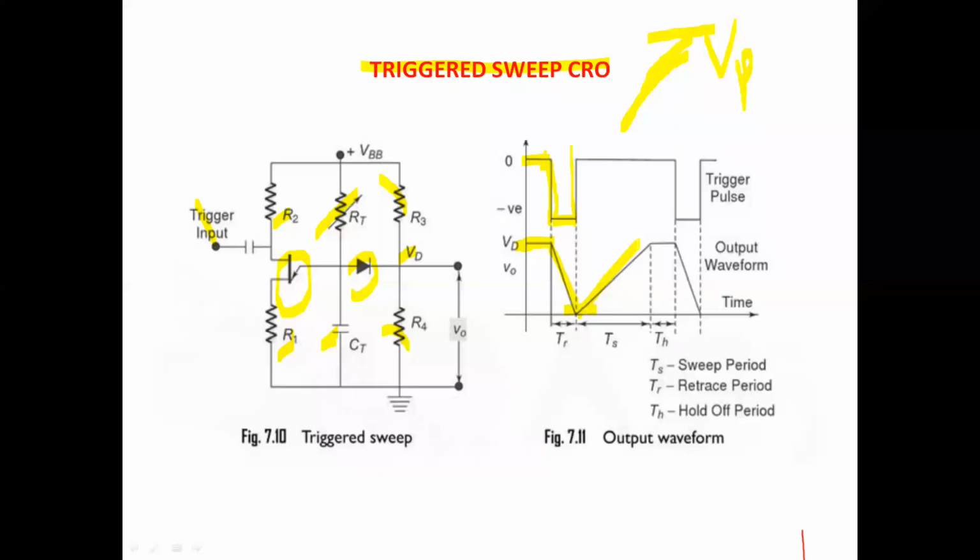Whenever there is a voice signal or a music signal, only at that time does the trigger pulse initiate a trigger, and then the sweep generator generates a sweep signal. That is the difference between the continuous sweep CRO and the triggered sweep CRO. It is especially used to display music signals and voice signals. So this is about the triggered sweep CRO.